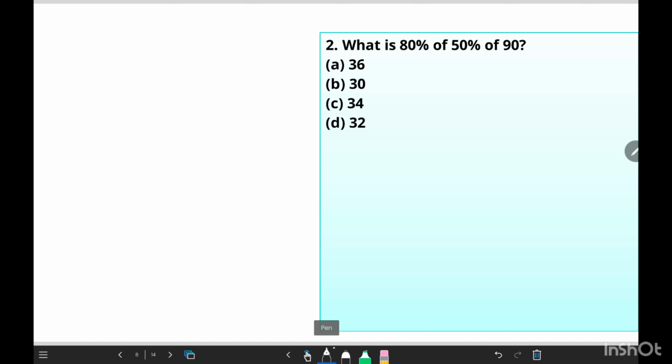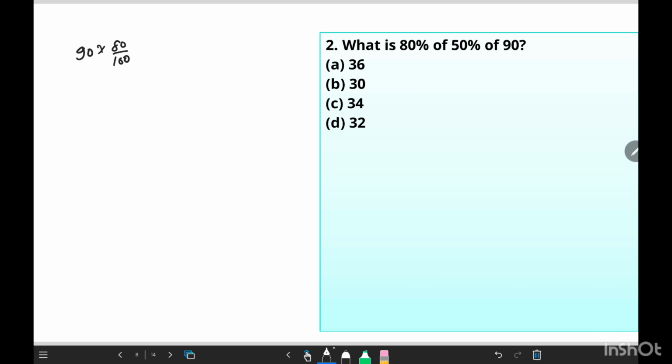So it is saying 80% of 50% of 90. That means 90 is a number, and of this number we take 80%. We can write this 80% in the form of a fraction, right?